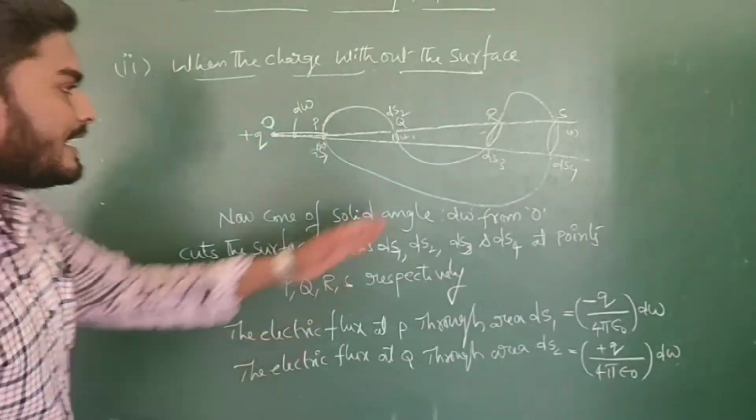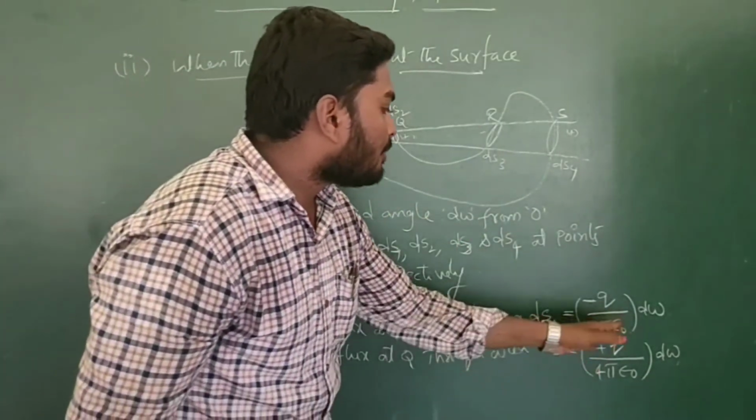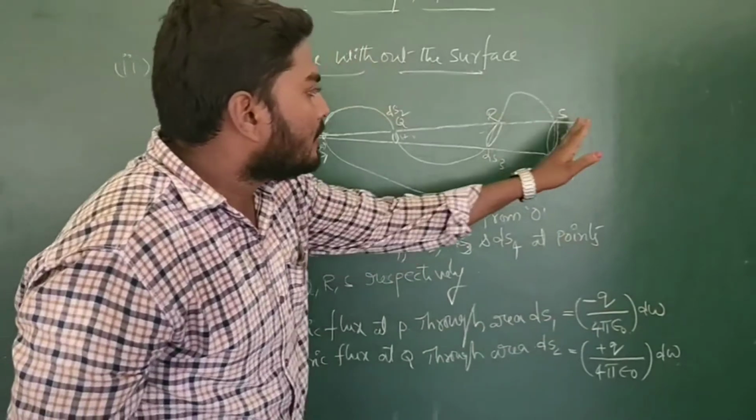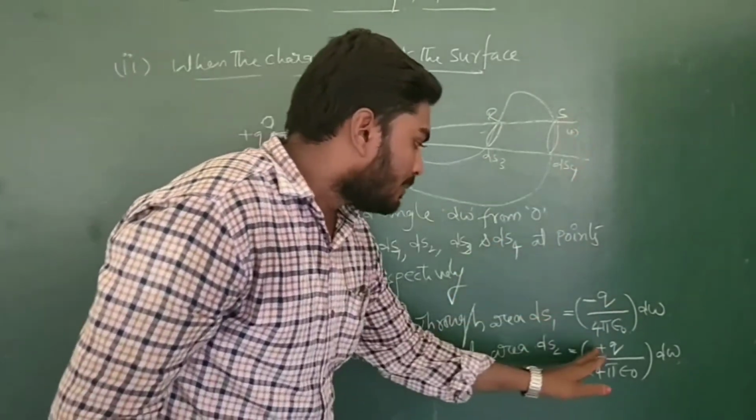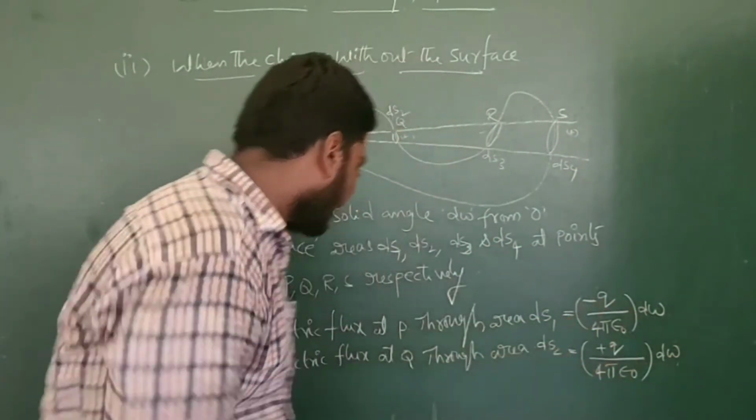Similarly dS3 equals minus q by 4π epsilon naught into dΩ, and dS4 equals plus q by 4π epsilon naught into dΩ.